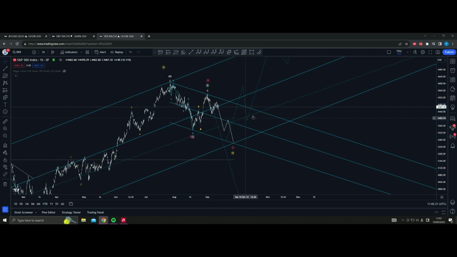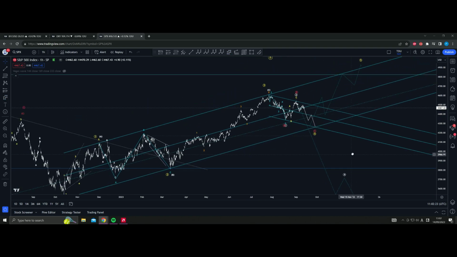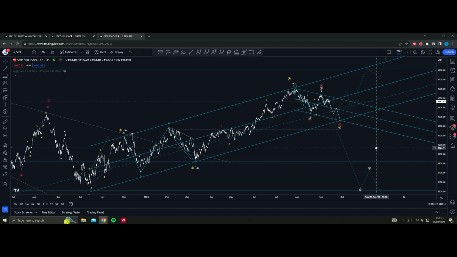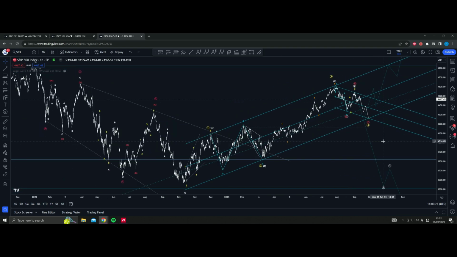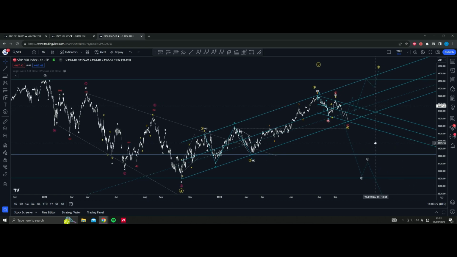And I think that covers all for the moment on these 3 important assets, let's say, for the whole market.